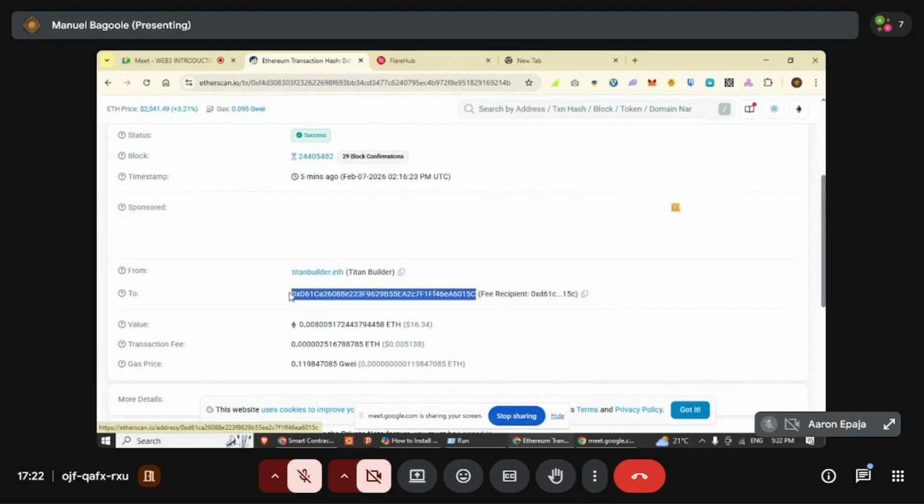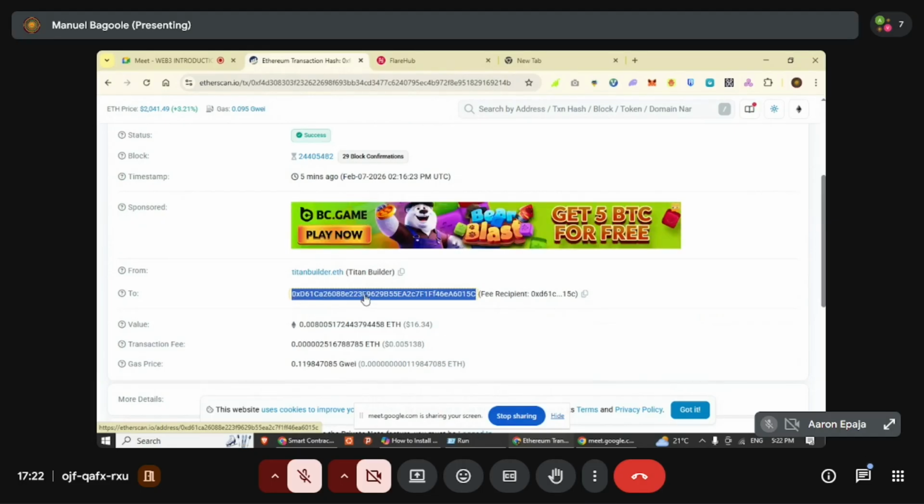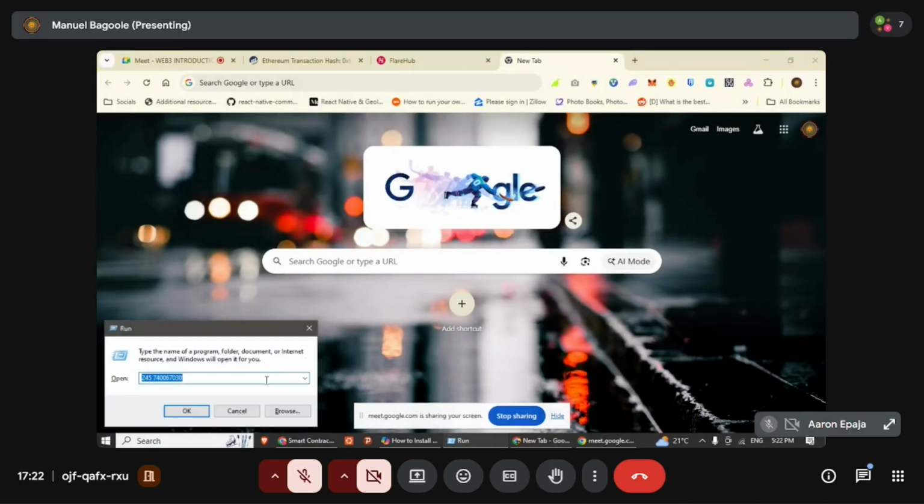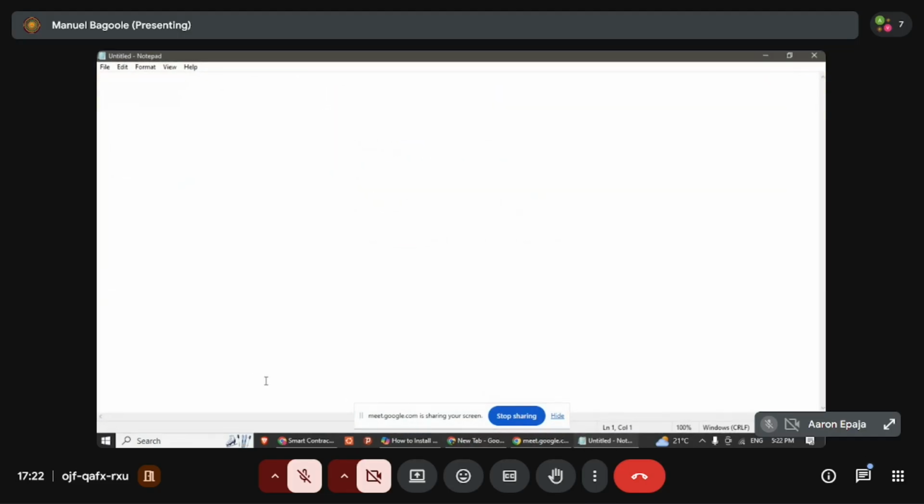So in calculations, when you get to Solidity, this is exactly 20 bytes, which is exactly 160 bits, and that is the standard of an address in the Ethereum chain.